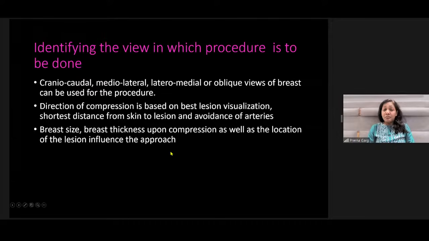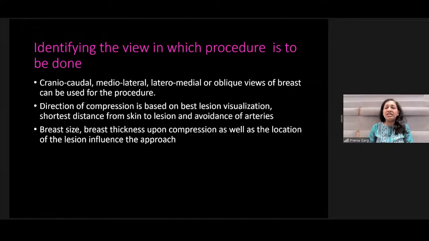The most important thing is identifying the view in which the procedure is to be done. It is very easy to get carried away after placing the patient in the biopsy unit, because it's basically selection of coordinates, and it is a very mechanical procedure, especially while placing the wires. You might end up placing a wire for a lesion which is in the inferior quadrants with the skin entry point in the superior quadrants.